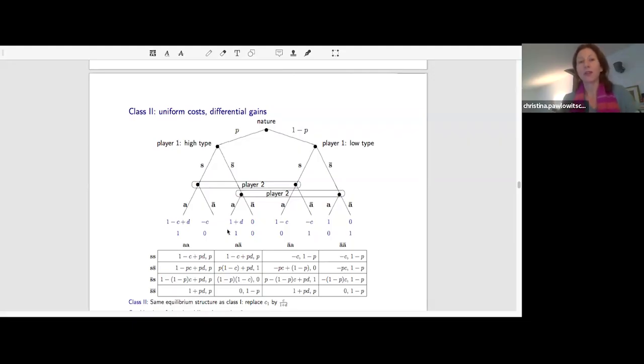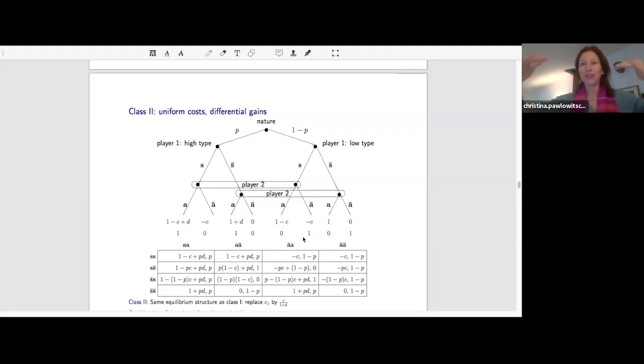If the product is good, the consumer will buy again. If the product is bad, the consumer will not buy again. That's why the low type does not have this incremental payoff little d, even when the consumer buys. What is interesting, besides any dynamic analysis, is that this game has exactly the same equilibrium structure as the game I've shown before.